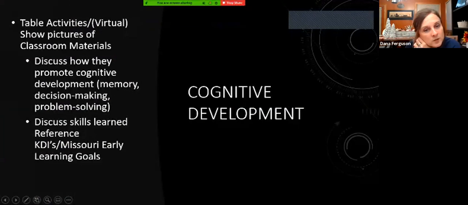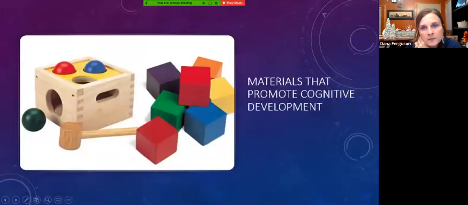Okay, so we're going to take a minute. I posted kind of late, so if you didn't get to do it, it's okay. I posted in Edmodo about the Missouri Early Learning Standards. Was anyone able to either print those off or make them available where you can access them right now?